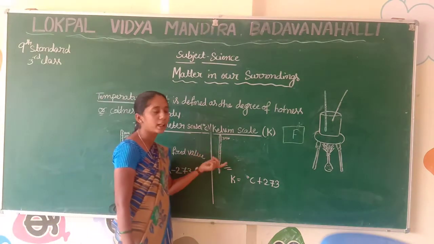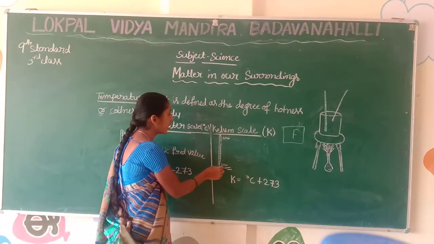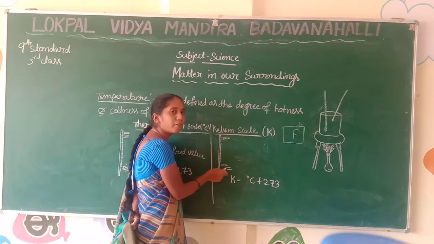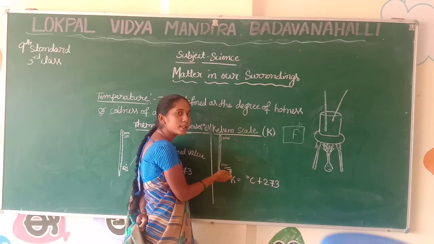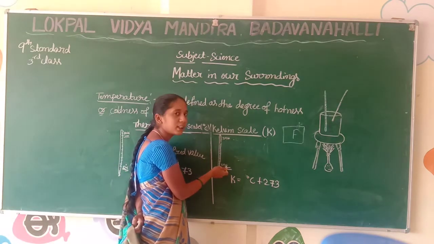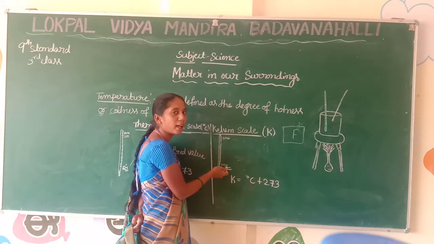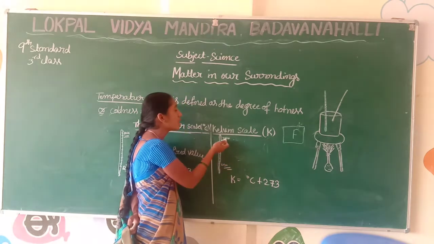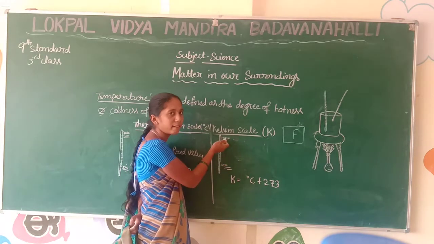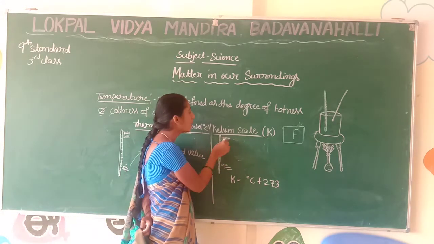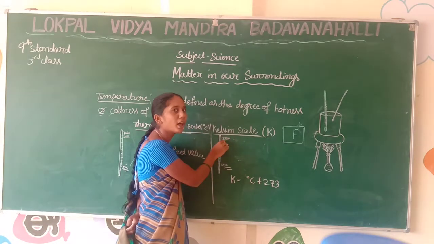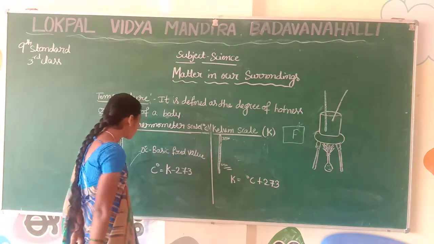Next we come to the Kelvin scale. In this Kelvin scale, the scale starts from 273. This 273 is the basic fixed value of the Kelvin scale and it ends at 373. 373 is the uppermost fixed value of the Kelvin scale.